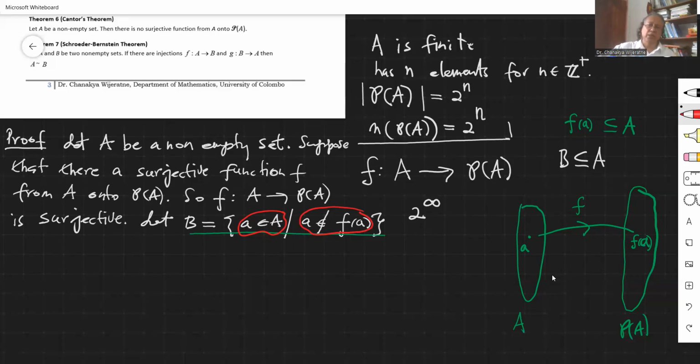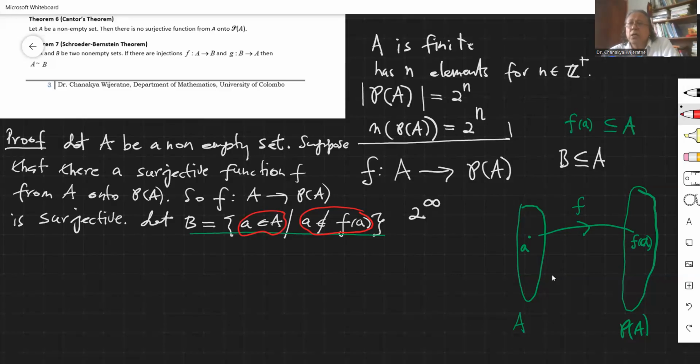So if every element a in A belongs to f of a, then B is empty, right? And if for every a in A, a doesn't belong to f of a, then of course B is equal to A. So B could be any subset of A, right?